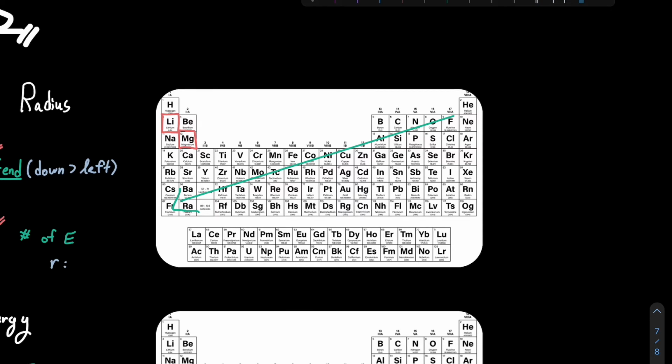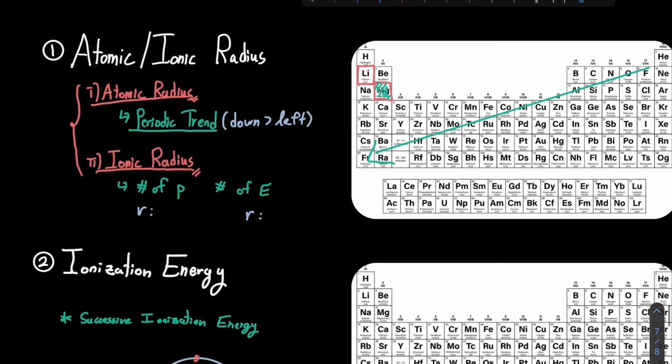The periodic trend is that as atoms are lower in the periodic table and more in the left side, the atomic radius is greater. But which one is prioritized? In every case, the one in the bottom is prioritized. So the bottom aspect is way more important than the latter. That is how we compare atomic radiuses.